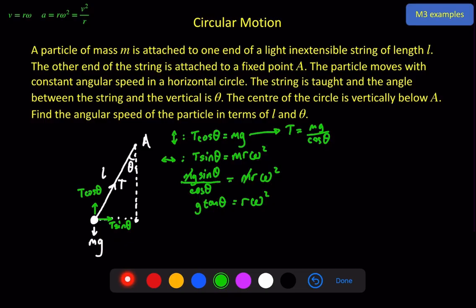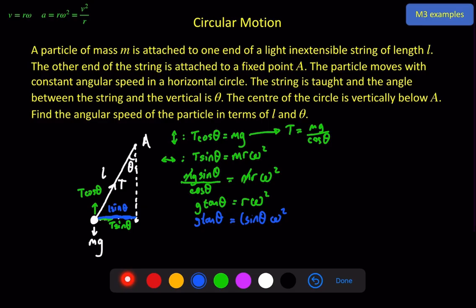But we don't want r, we want L. To find the radius, this distance here, in terms of L, we're using the same theta. So we've got L sine theta to give us r. That gives me L sine theta omega squared equals g tan theta.